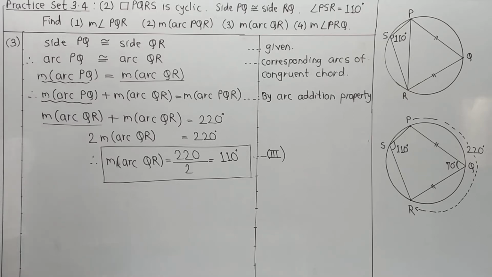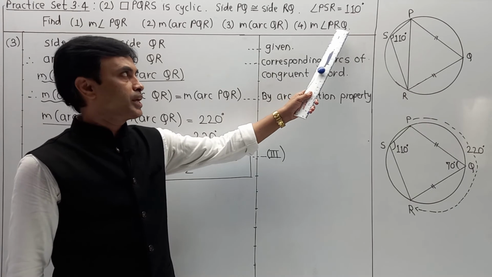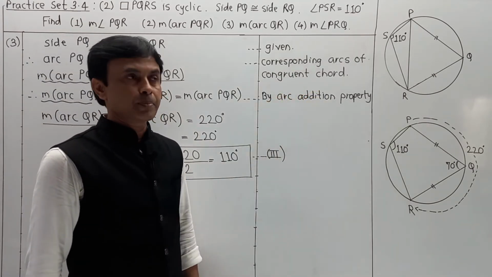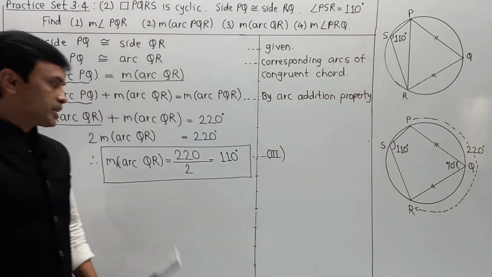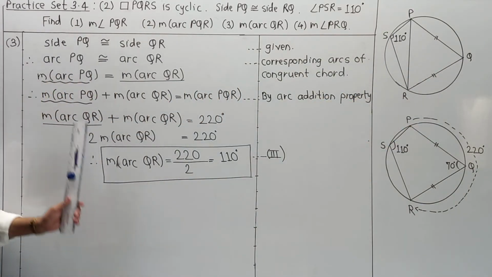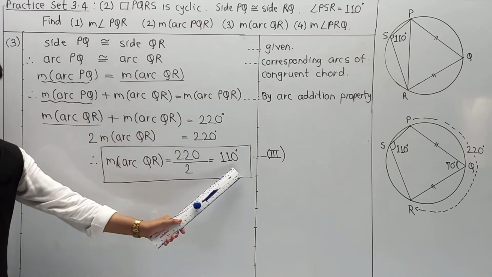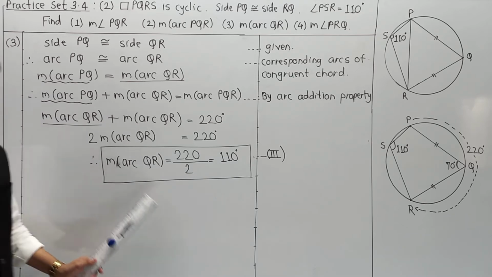Now your last question is find the value of major angle PRQ. Major angle PRQ. Now pay attention. Recently from this part we are able to calculate major arc PQ is equal to QR, and that is 110. Here I am using that part over here.